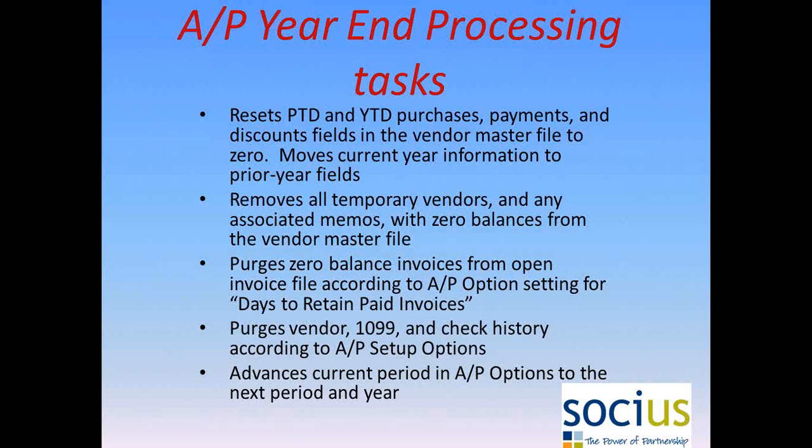And again, this is just like AR in that it's only going to purge zero balance invoices from the open invoice file, not the history invoice file. It will also purge vendor 1099 and check history according to your setup options. And then it advances the current period in the options.